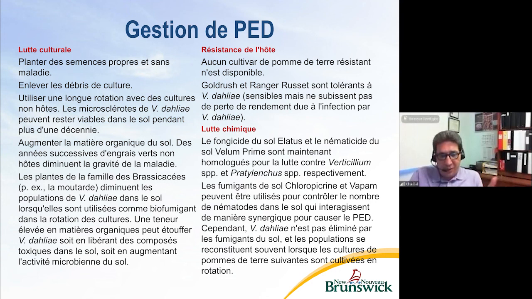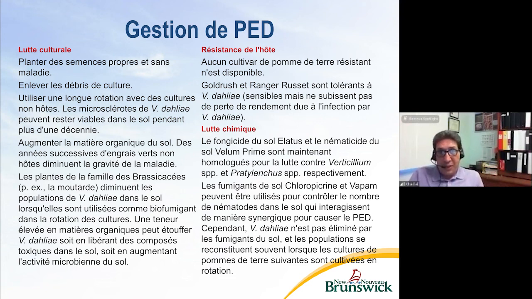And the fumigant is isothiocyanate, which is actually what's in the fumigant chemical VPAM. So you can call VPAM maybe mustard gas sometimes. High organic matter can suppress Verticillium dahliae by either releasing toxic compounds into the soil or by improving the soil microbial activity.